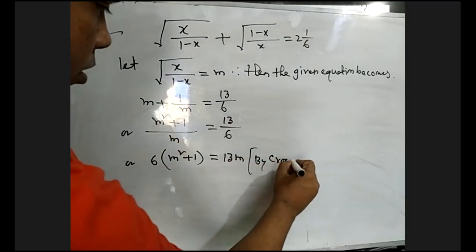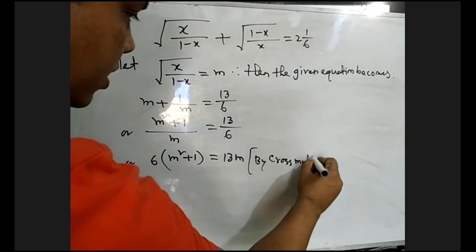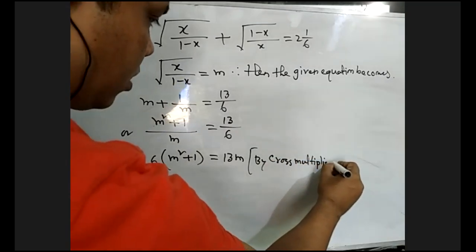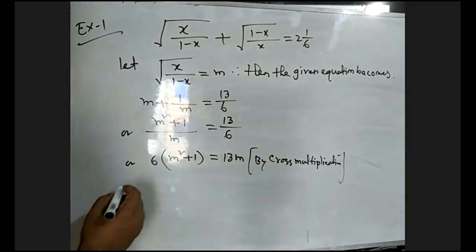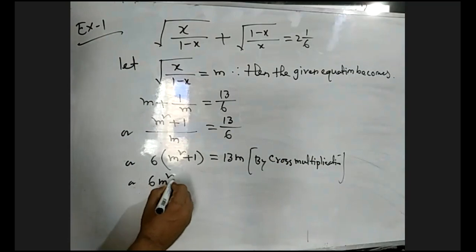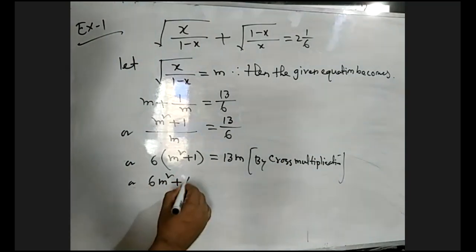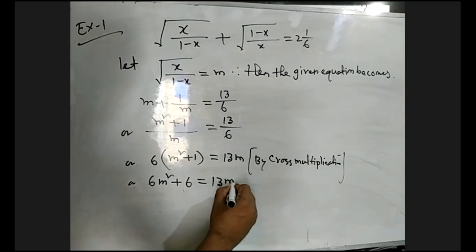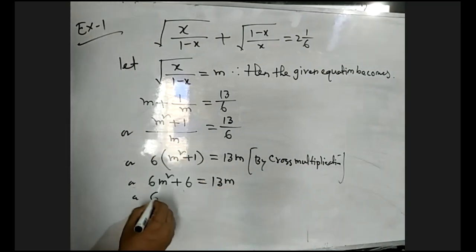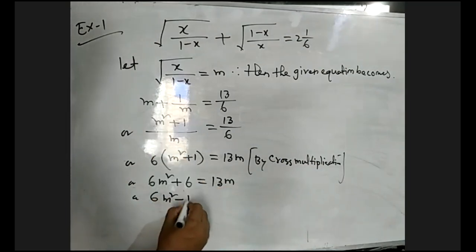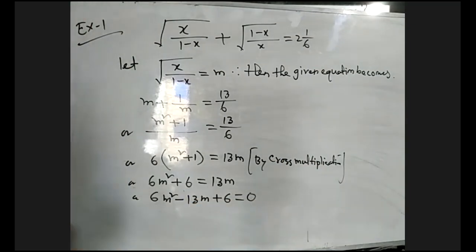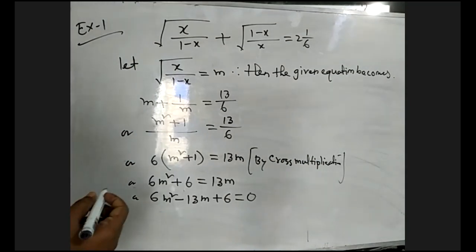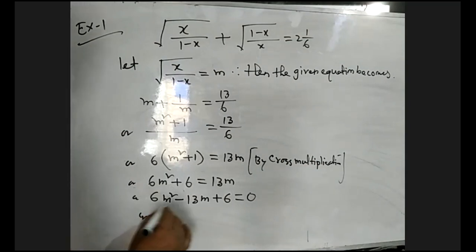Or 6 m square minus 13 m plus 6 equals 0. This is the quadratic equation we are discussing. So this quadratic equation can be solved.